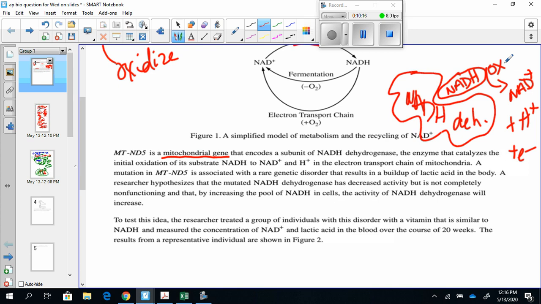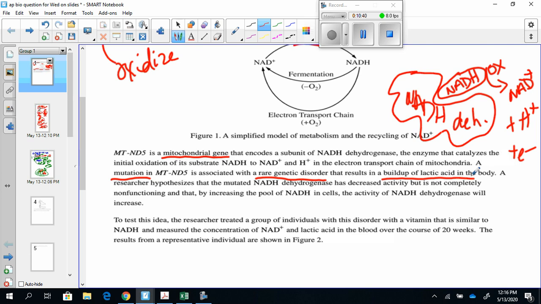All right, so a mutation in the MTND5 is associated with a rare genetic disorder that results in a buildup of lactic acid. So if you have a certain form of the gene in your mitochondrial DNA, your NADH dehydrogenase isn't working right and you make more lactic acid.